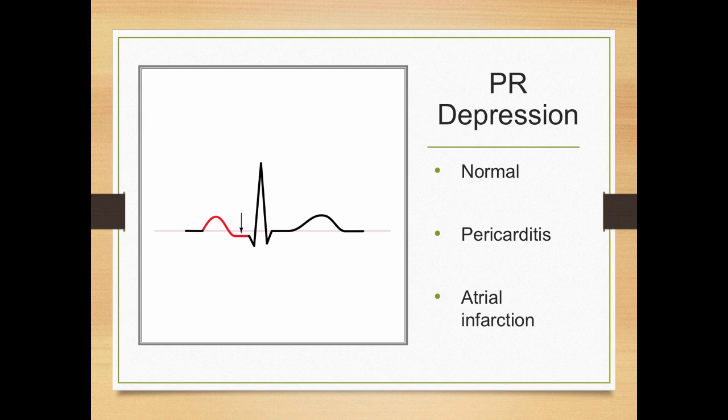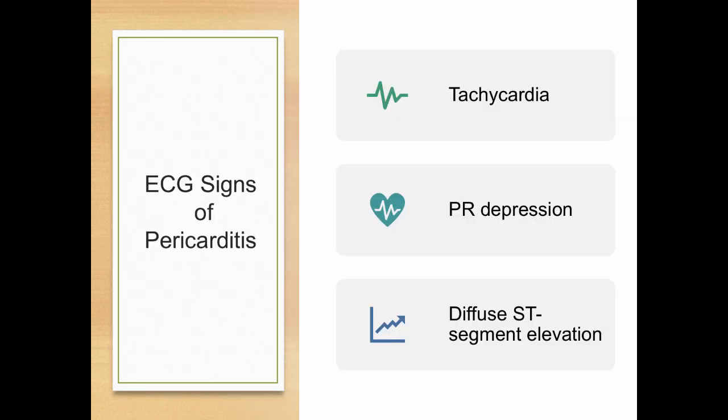We're not really paying a whole lot of attention directly to our PR segment, but here are other signs of pericarditis. Again, we'll talk about this later on in the semester, but tachycardia, PR segment depression, not PR interval, and then diffuse ST segment elevation, like ST segment elevation everywhere.